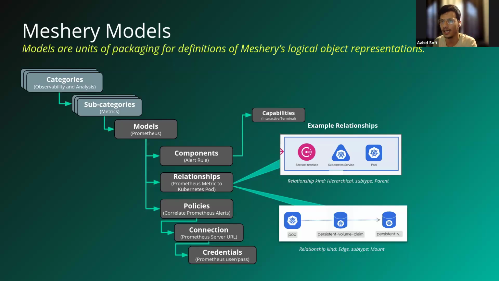So policies define some dynamic behavior between your components, or if you want to set some constraints, or want people to adhere to some constraint, you can define them using a policy. You might say you want the replicas to be greater than 2 for all of your components, and you can define that using a policy.